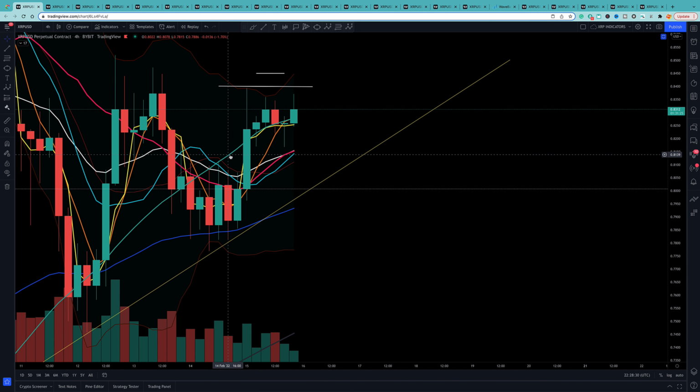This 50 MA here, on the 4 hour, was coming up like this, okay? So now what happened is that it pumped this one, and you could see it was going to pump it, but then it spiked above this one and it created a pull down, okay?